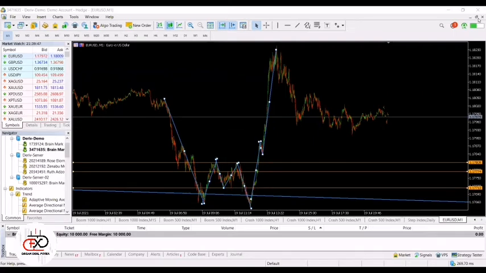So you must see a zone being created, because why do you see a zone? A zone comes, let's say, the first one comes here, then the second one comes here. So the space between the two gives you the zone.